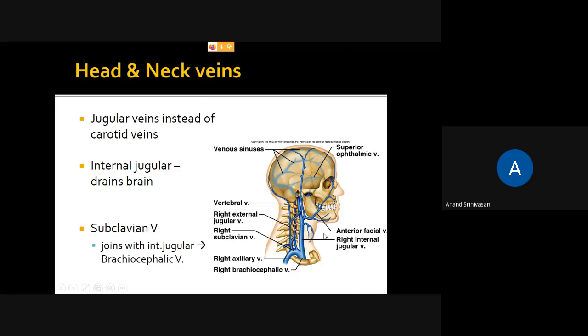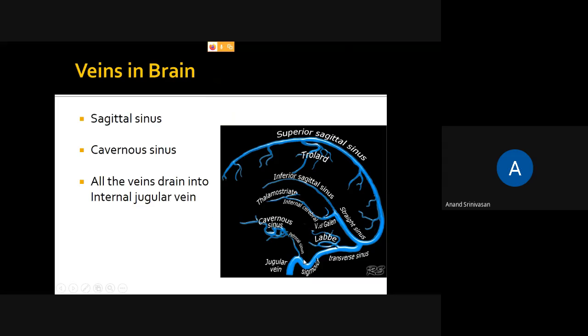Now, in the neck, instead of carotid arteries, there are jugular veins. The internal jugular vein drains most of the blood from the brain. The internal jugular then joins with the subclavian vein to form the brachiocephalic vein. In the brain, the sagittal sinus and cavernous sinus are present.